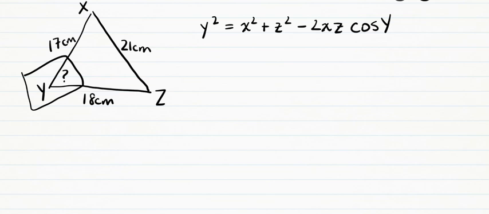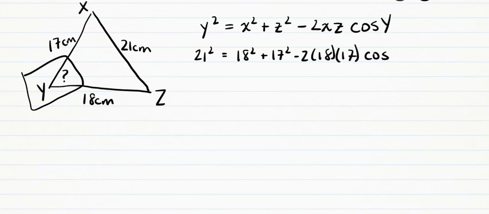Then we fill in our known information. So side y is 21, side x is 18, and side z is 17. And angle y is our unknown, so we're going to leave that as the variable y for right now.